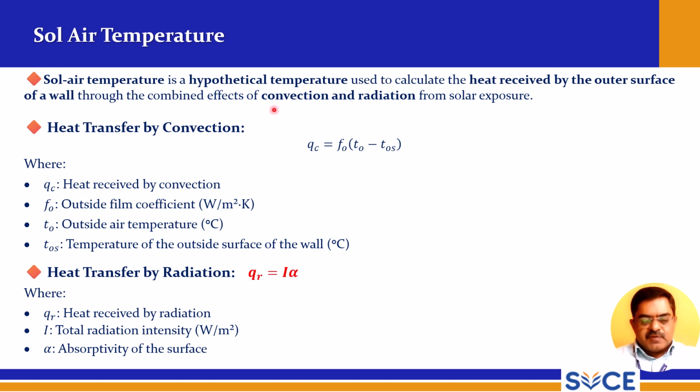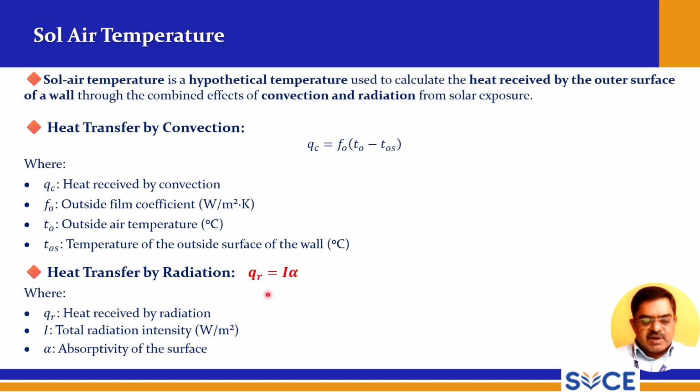Through the combined effects of convection and radiation from solar exposure, the heat transferred by convection is given by QC = F naught (T naught minus TOS). So QC is the heat received by convection, F naught is the outside film coefficient in terms of watt per meter square Kelvin, T naught is the outside air temperature, and TOS is the temperature of the outside surface of the wall in degree Celsius.